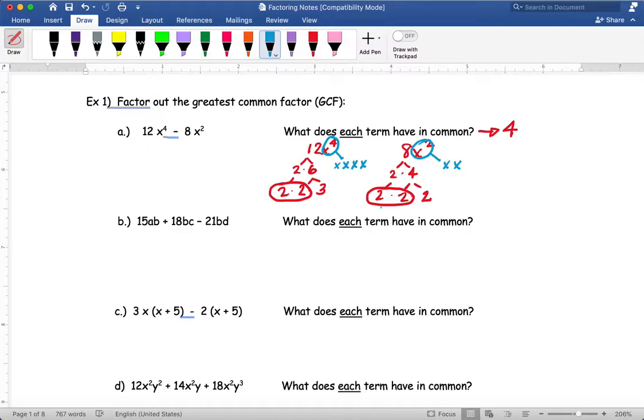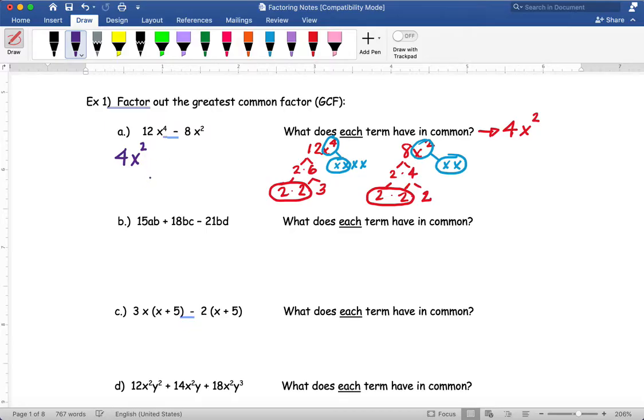So what do they have in common? The most I can take out of each one is 2 x's. And so back here in building my GCF, or what they have in common, 4x squared is the biggest thing I could take out. When I go back over to actually factor out my GCF, I put the 4x squared on the outside.